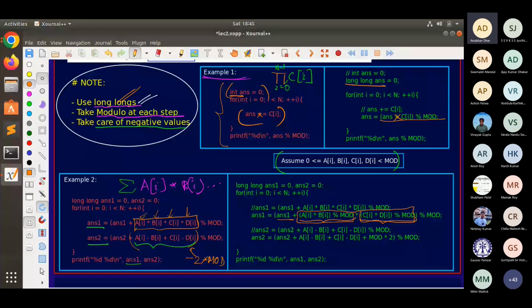Anyway, the point is that you need to incorporate a 2 factor over here and add it to the total answer so that the entire number remains positive.